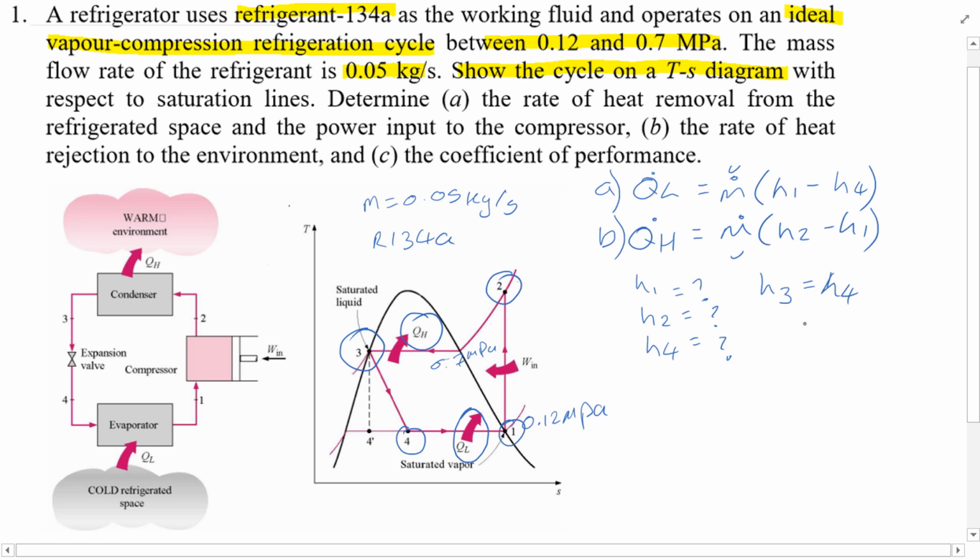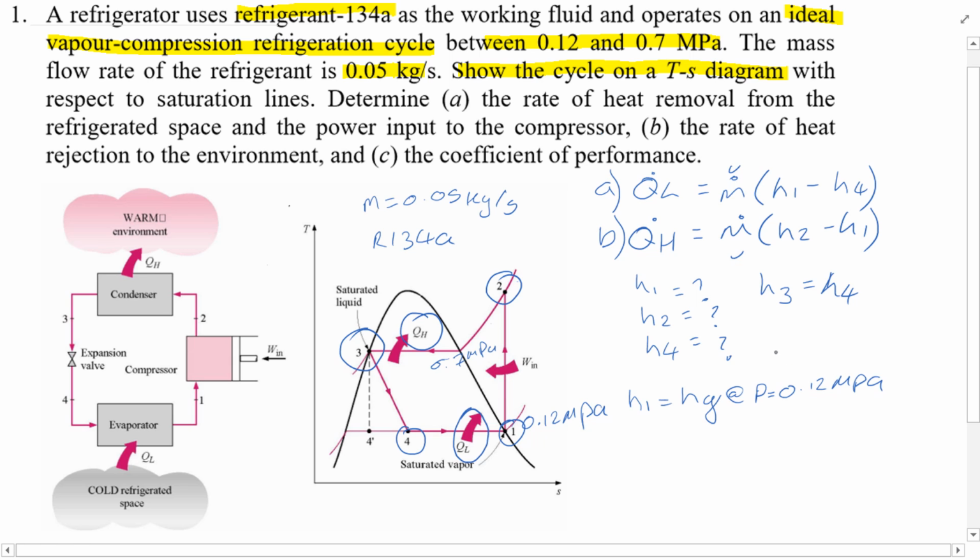Because it's the ideal vapor compression cycle, on entry to the compressor R134A is saturated vapor at the lower pressure value, so we can use table A12 on page 21 to find the value of H1. H1 is equal to Hg, saturated vapor, at a pressure of 0.12 megapascals.